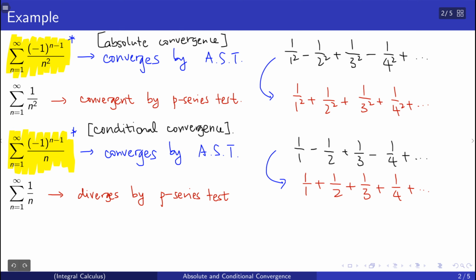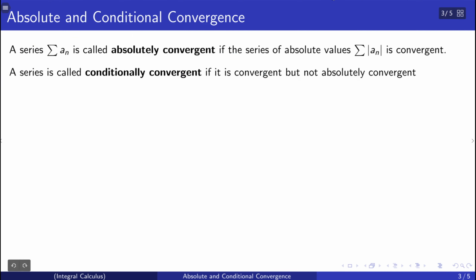Okay, so let's look at the formal statement of the definition. And it's simply this. A series a sub n is called absolutely convergent if the series of absolute values is convergent. So that's quite easy to remember. Absolutely convergent: if you take the absolute values, it's still convergent.